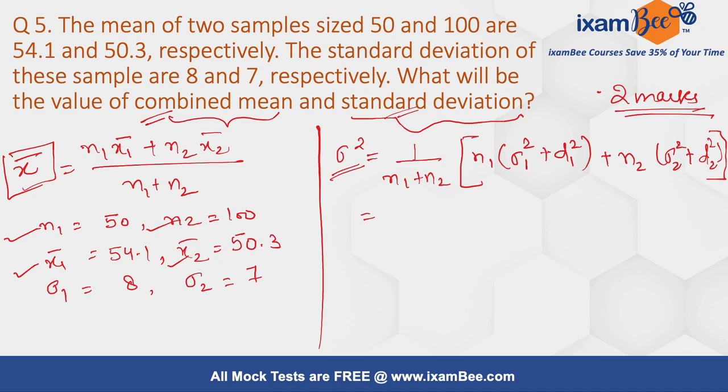After calculating the value for sigma square, you can easily calculate sigma by taking the square root of it.